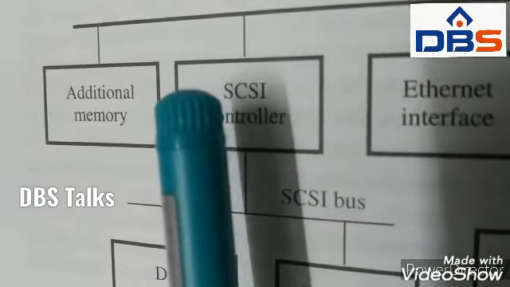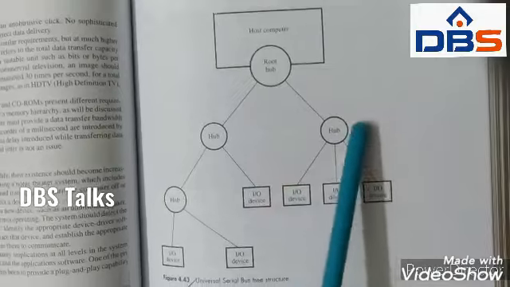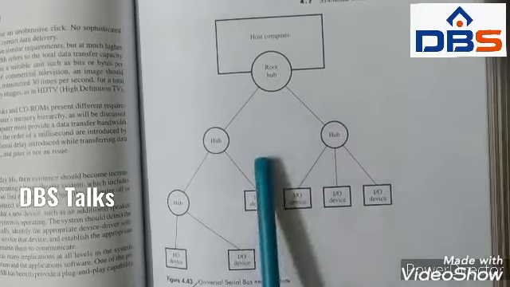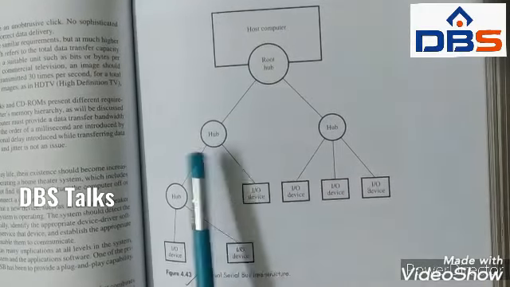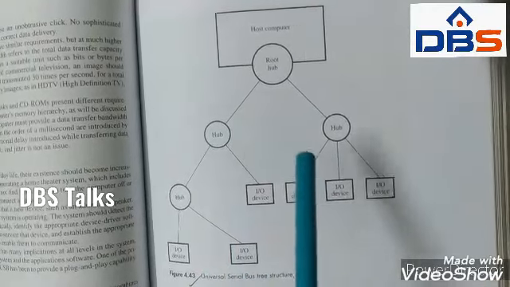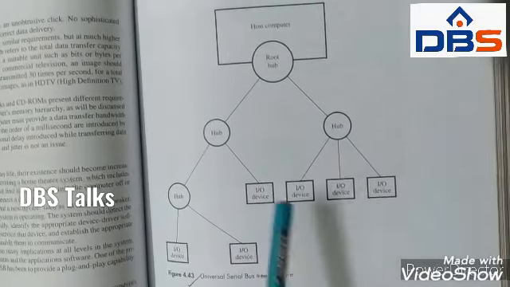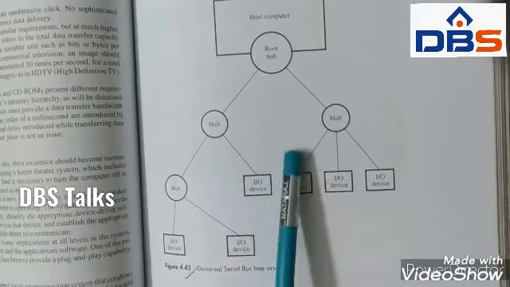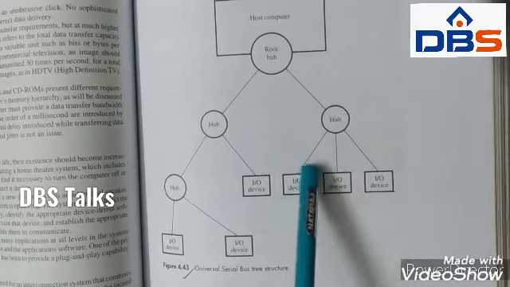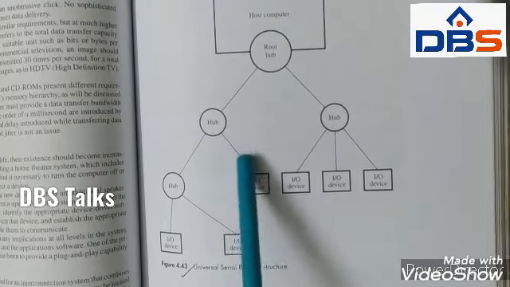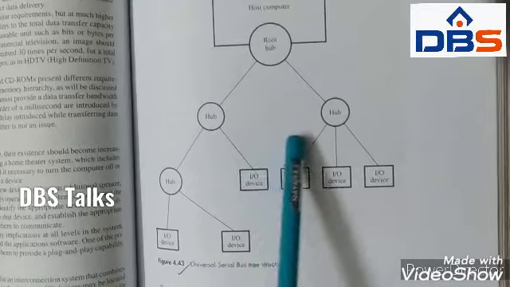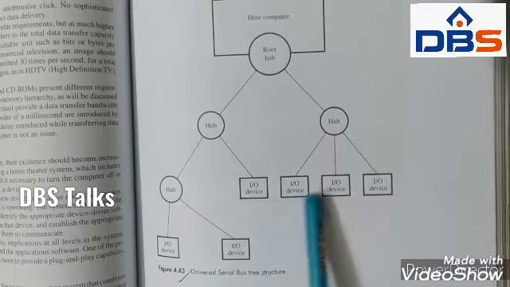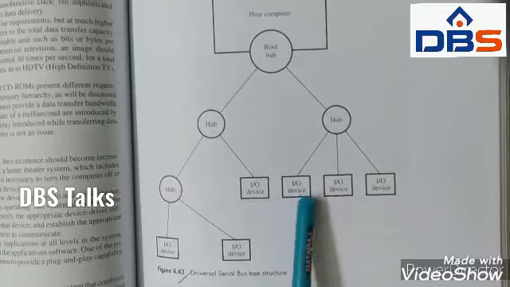And finally we come to the USB, Universal Serial Bus. It is a very useful and frequently used interface circuit. The modern computer system is likely to involve a wide variety of devices such as keyboards, microphones, cameras, and so on. This is the port we are using for all of these.